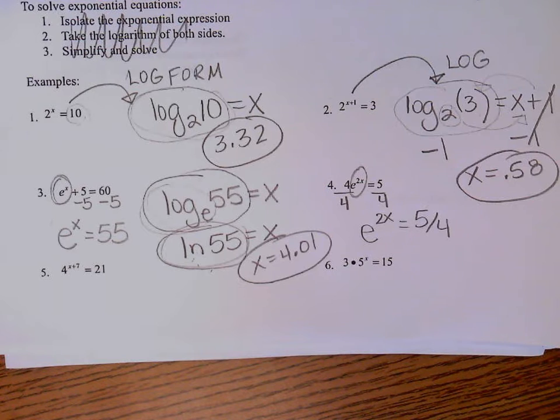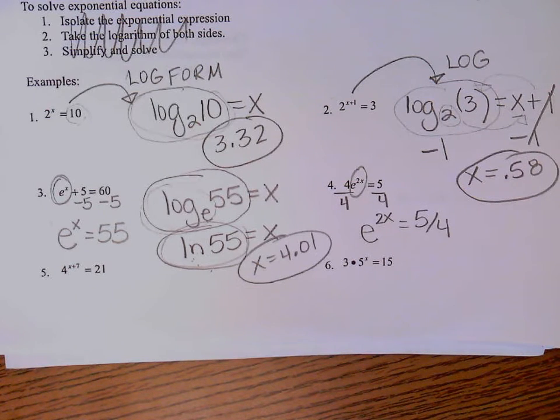When you take the natural log of e, what is the natural log of e equal to? We talked about what the log base e of itself would be. The natural log of e is equal to 1, because e to the first power is e. So if this is equal to 1, the 2x comes down front as a power, and see how you get 2x equals the natural log of 5/4 in one step?